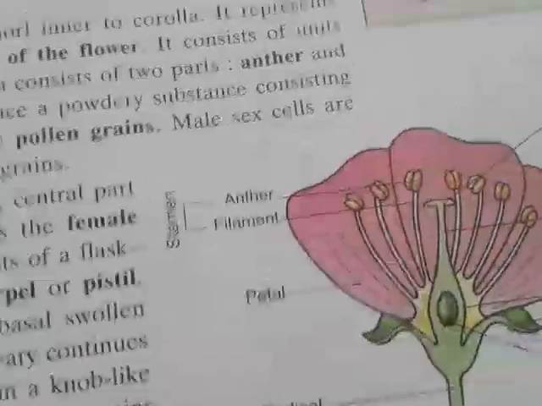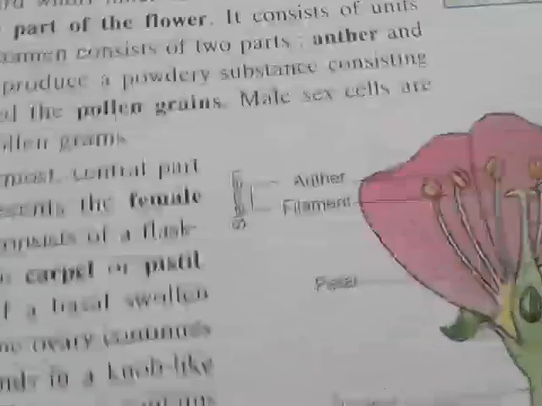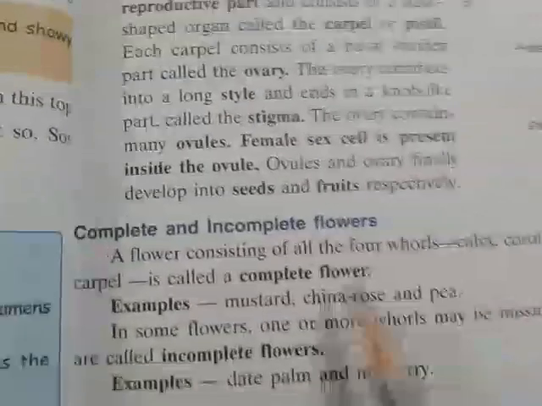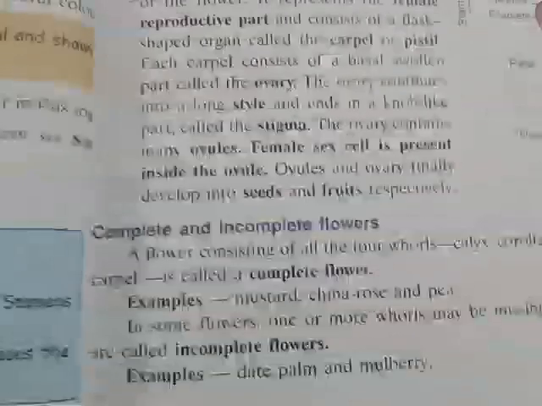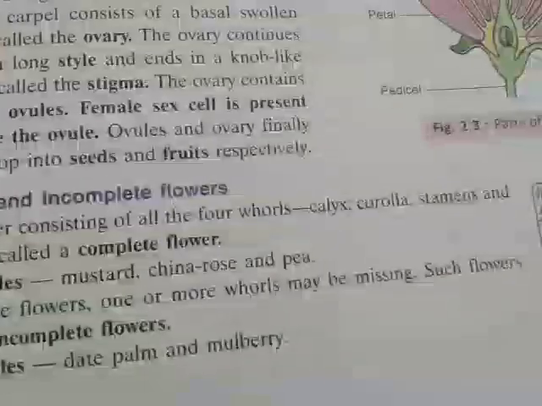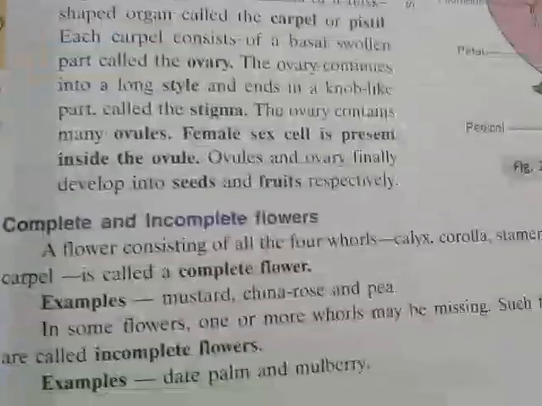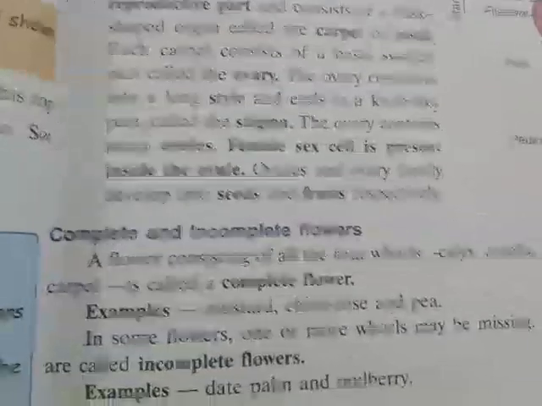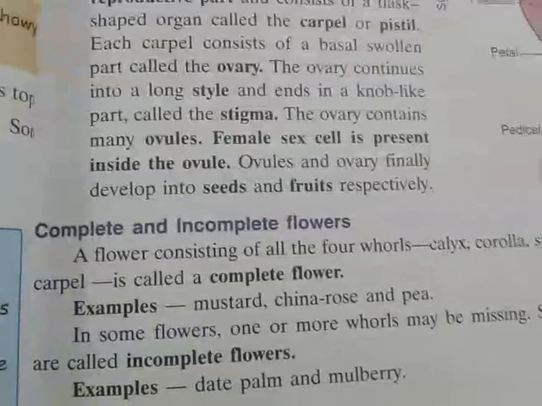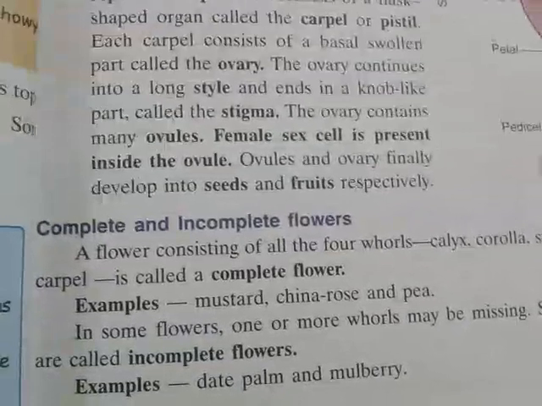Okay, so now coming to complete and incomplete flowers. See students, what is a complete flower? A complete flower is a flower consisting of all four whorls: the calyx, the corolla, the stamen, and the carpel. Examples are mustard, China rose, and pea. In some flowers one or more whorls may be missing, and such a flower is called an incomplete flower.